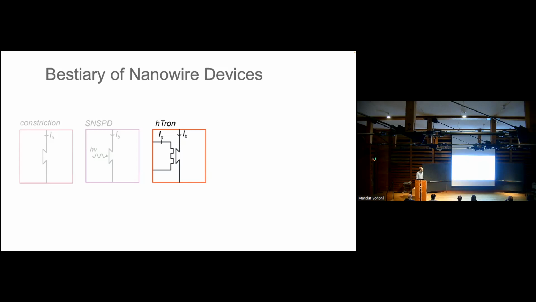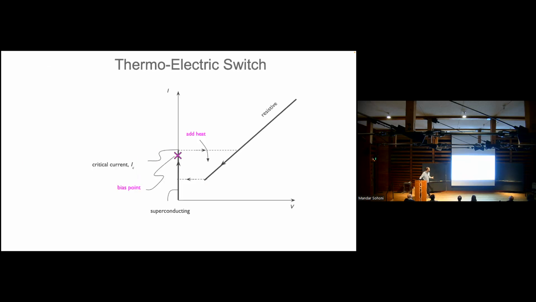Okay, another of our beasts is the heater-tron. This is basically a thermal relay. Instead of a photon switching the device, you just use a burst of heat to switch the device. So imagine that instead of biasing it so that we exceed the critical current, we actually suppress the critical current with some heat. That's the core idea.